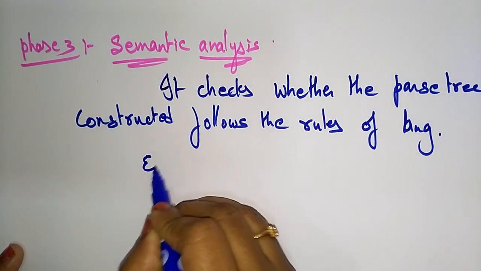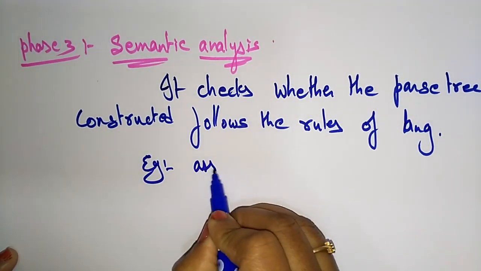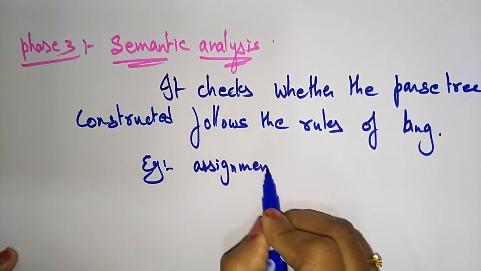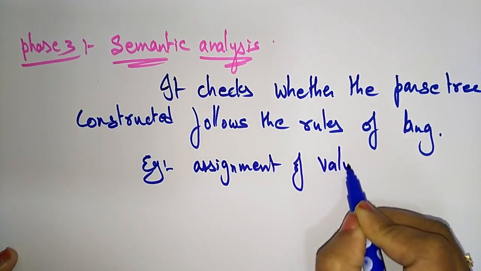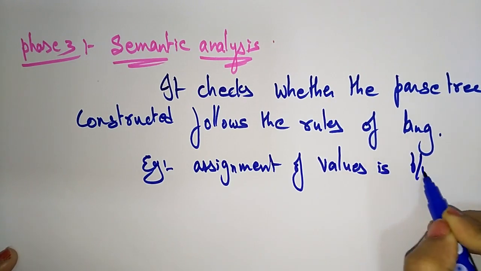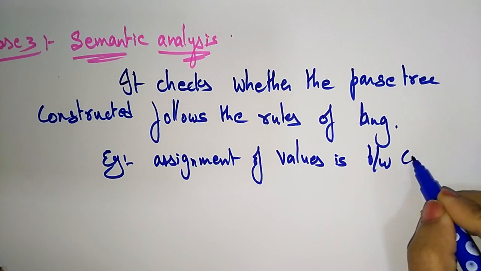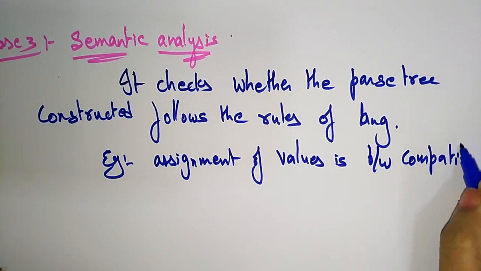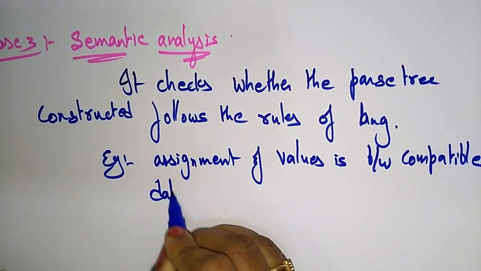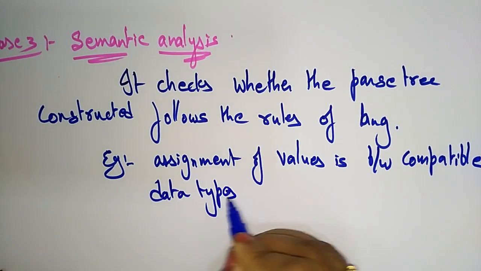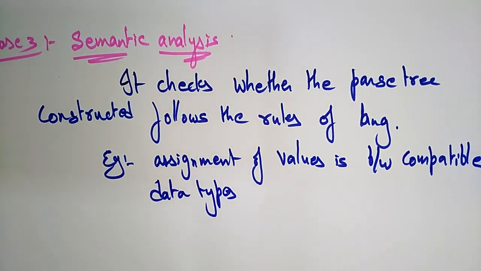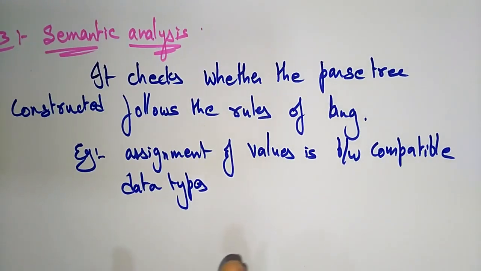So let me explain with an example. Suppose, is the assignment of values between compatible data types or not? It is just checking whatever assignment operator you are using, whether the two variables you are using are of the same data type or not, and whether strings are being added to an integer.